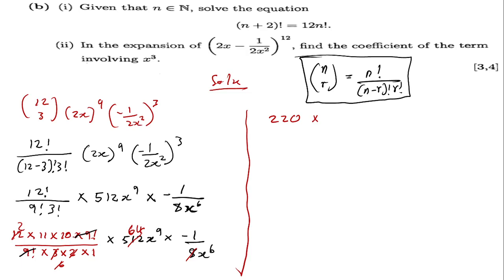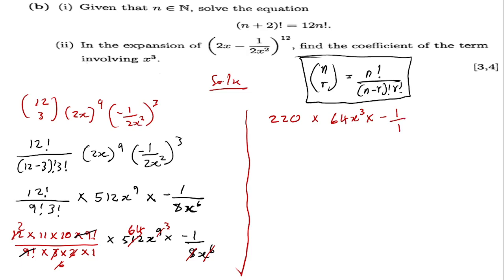I hope my calculations are okay. Then this and that guy will give us x cubed. So what we have now is 64x cubed, and then times negative 1 over 1. I'll write it like that.